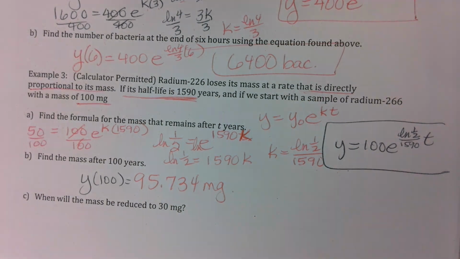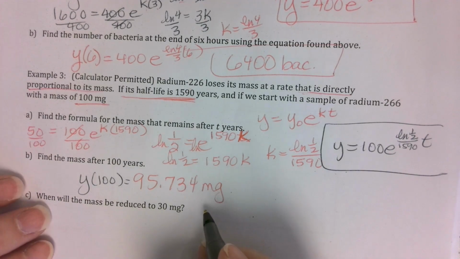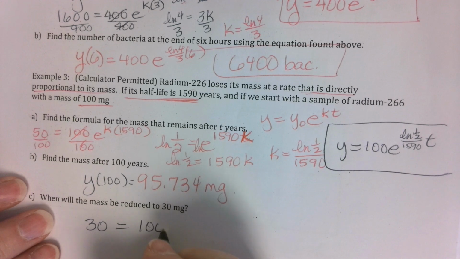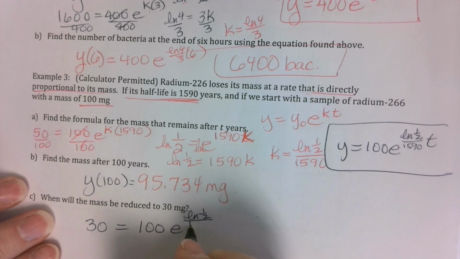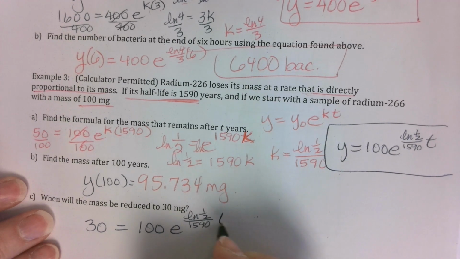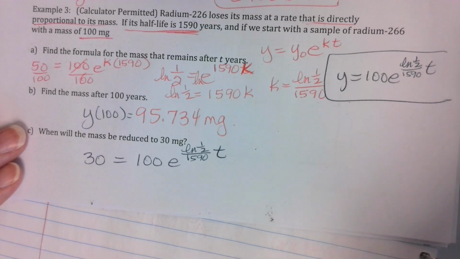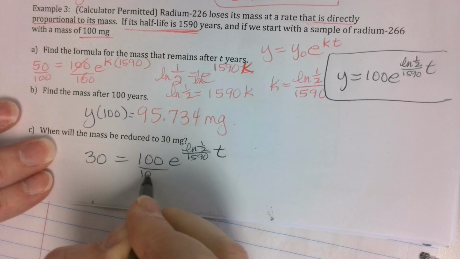All right, so when will the mass be reduced to 30 milligrams? Well, 30 equals 100 e to the ln of 1/2 over 1590 times t. And so here we're just solving for the t, right? What are we going to do first? Divide by 100.